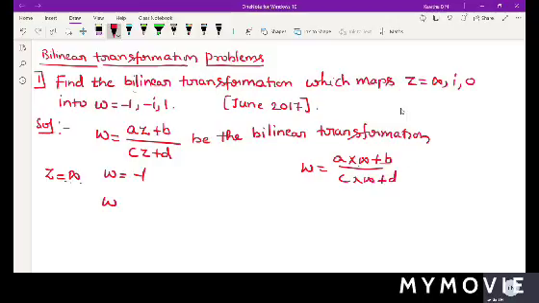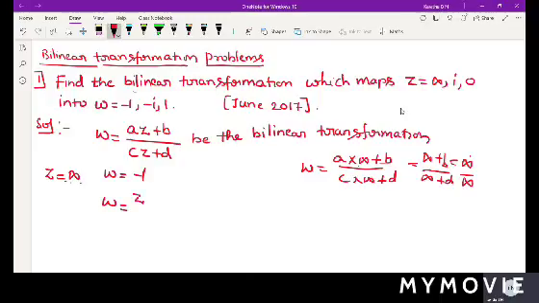A into infinity is infinity only, plus b is infinity only. Similarly, c into infinity plus d is also infinity. We are not getting any solution, so we have to do some modification here.